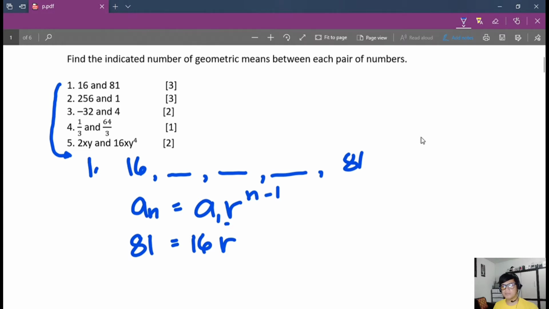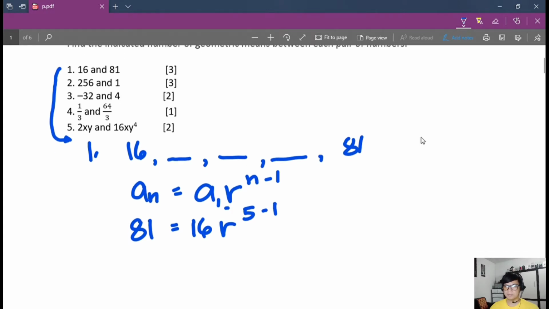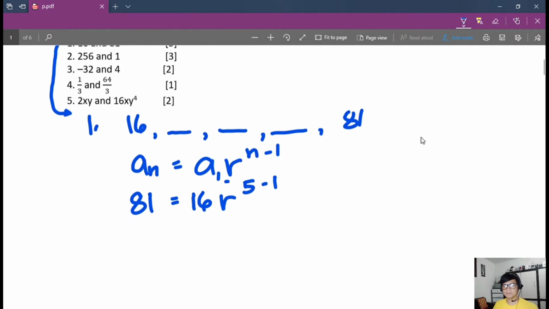So there are 5 terms. So 5 minus 1. So we will simplify. So this is 81 is equal to 16 r raised to 5 minus 1, which is 4.